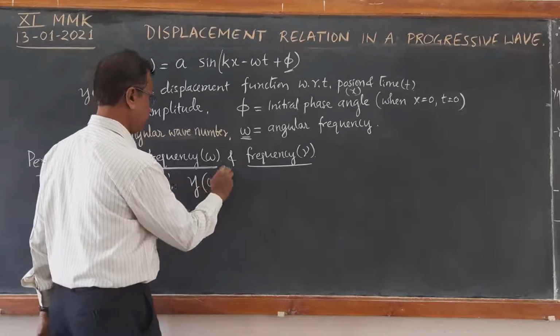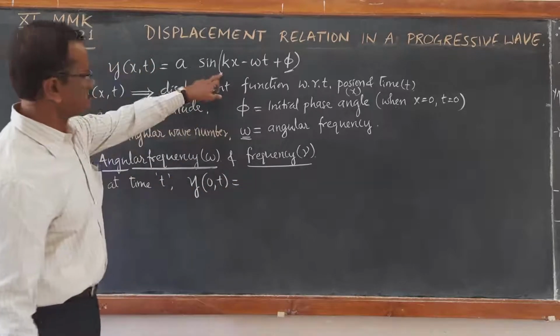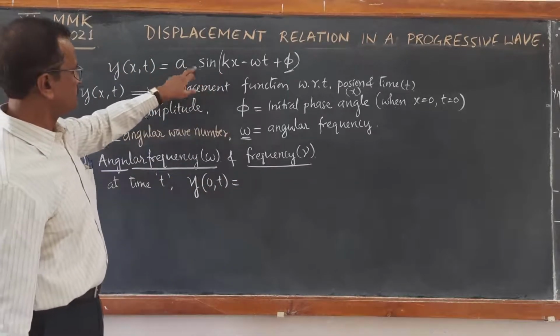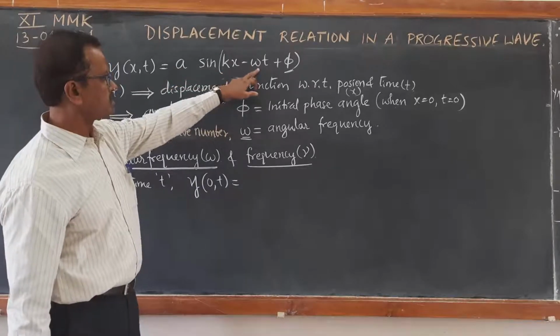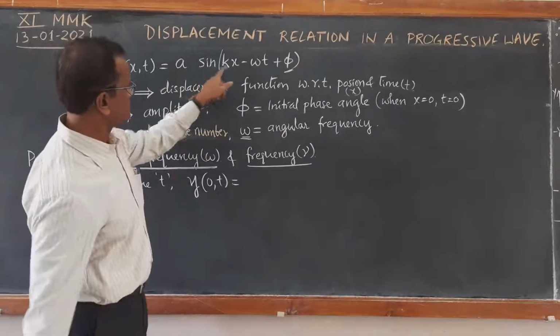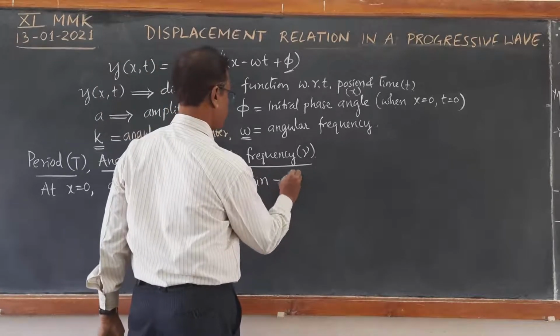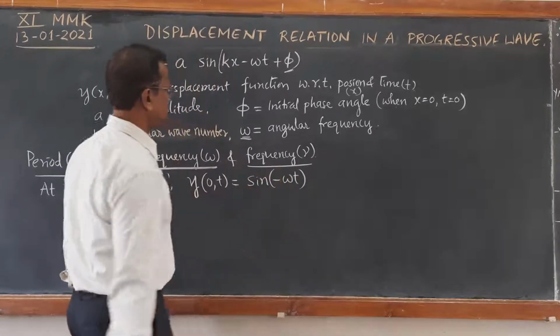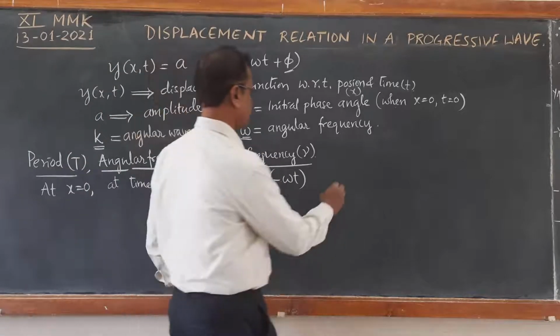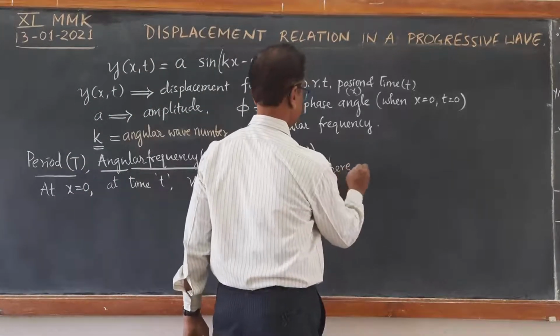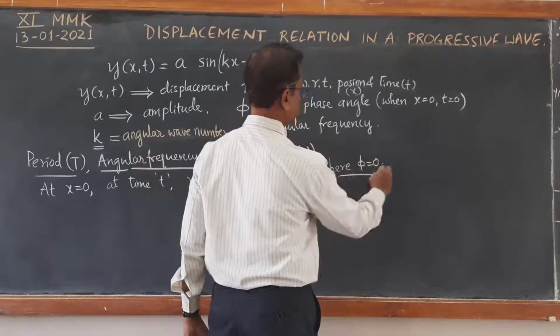If you put this in this equation, you see it becomes a sine 0 minus omega t, which is sine minus omega t, and we have assumed here the phase phi equal to 0.